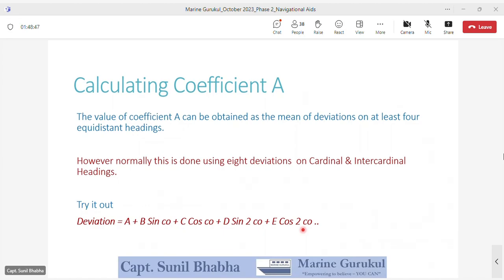So this coefficient A is the value that will sit in the formula. Yes, you calculated the coefficient A on your ship practically. So that is what it is. And what about B, C and D, sir? We will be doing it now. Okay, sir.